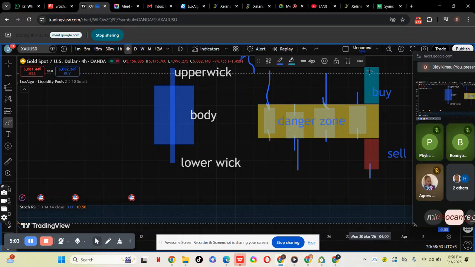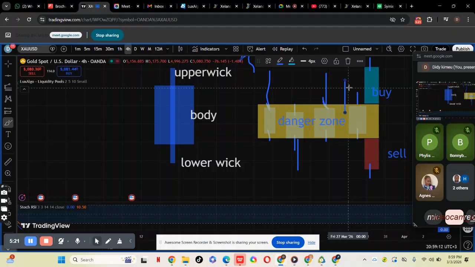Those are the wicks. If the wicks come and just break this region and start to go up all the way, don't chase that market. Wait until the wick completes. Once that candle closes, that's when you can get confirmation.